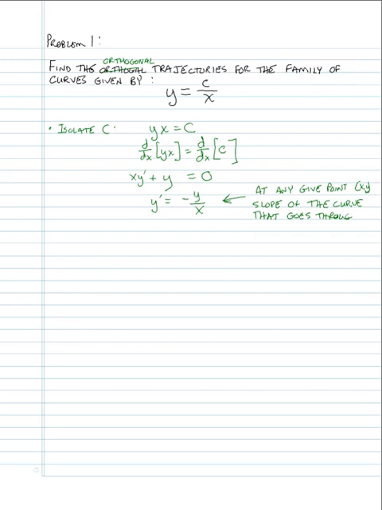The general point, x comma y. So in other words, that's the slope of the family. That's the formula for the slope of the family.